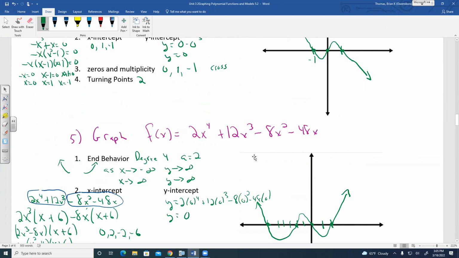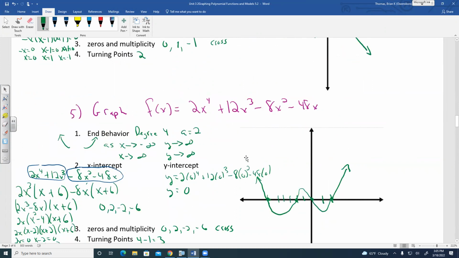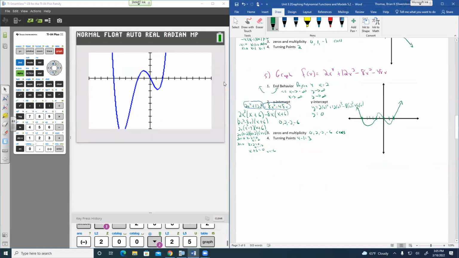Now, on this one, if you wanted to find your x-intercepts, we can use the graphing calculator and find what's called zeros. So if I had a hard time finding the x-intercepts, what I could have done is graphed it and looked at where it crosses the x-axis.